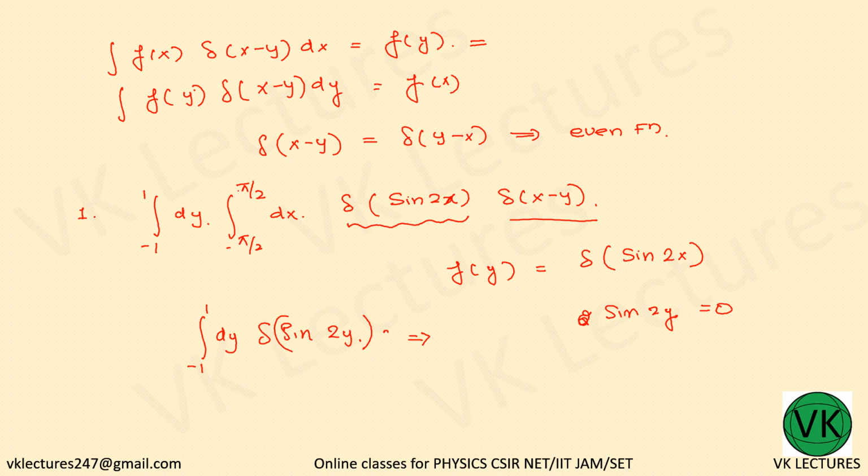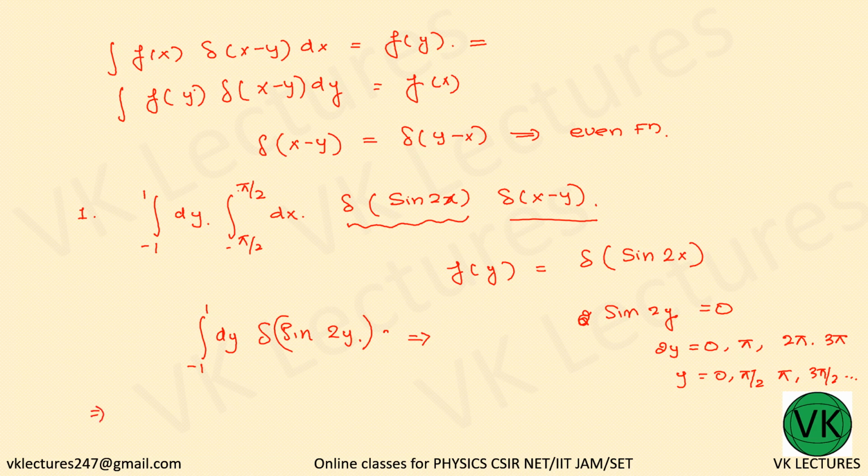So 2y equal to 0, pi, 2 pi, 3 pi, etc. And y is equal to 0, pi by 2, pi, 3 pi by 2, etc. Right.